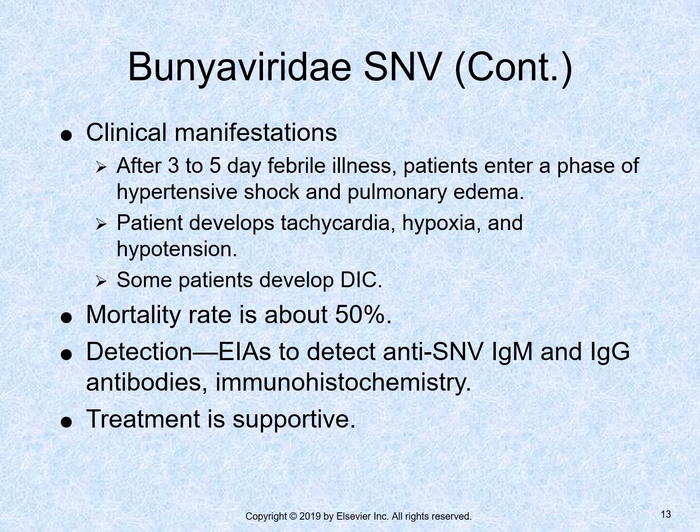The mortality rate for those infected with Sin Nombre virus is about 50%. Enzyme immunoassays have been used to detect anti-SNV IgM and IgG antibodies, along with immunohistochemistry testing. Treatment of this infection is supportive, so there is no antiviral therapy indicated.